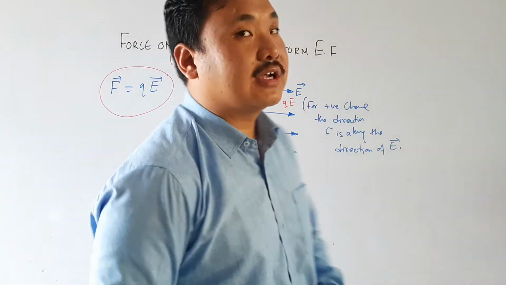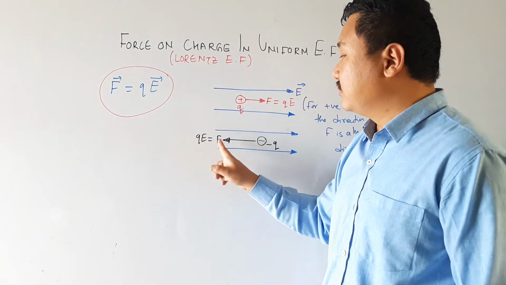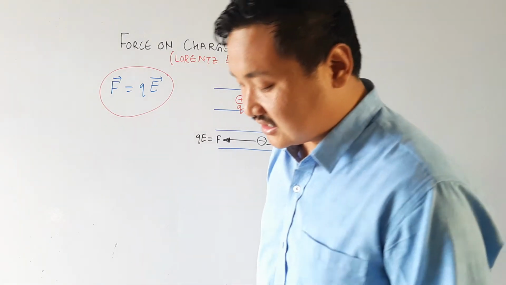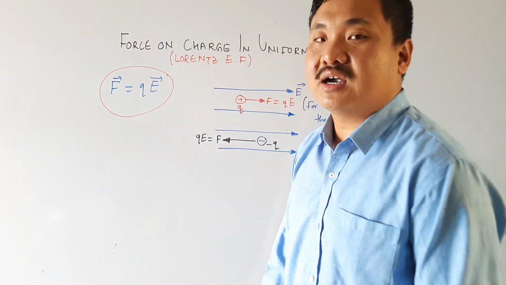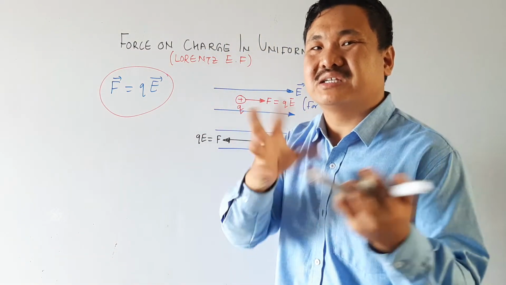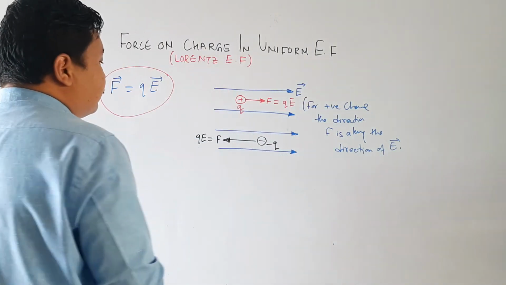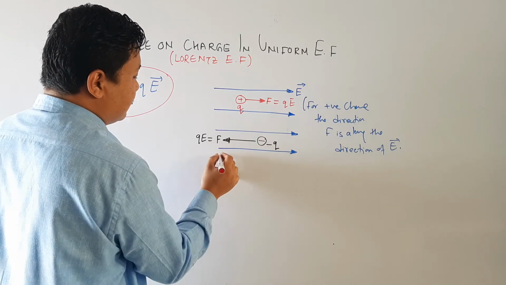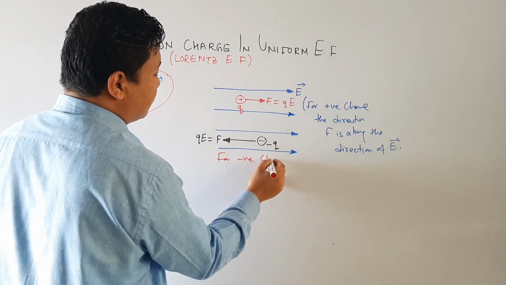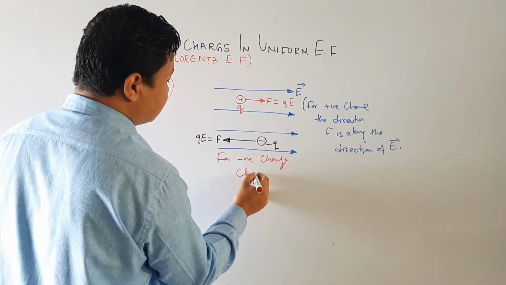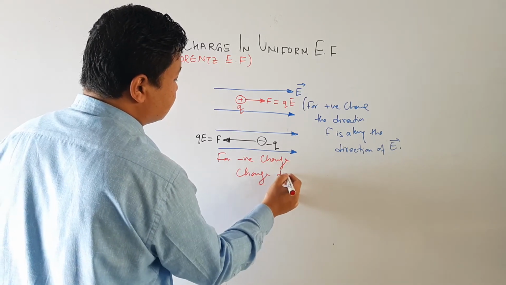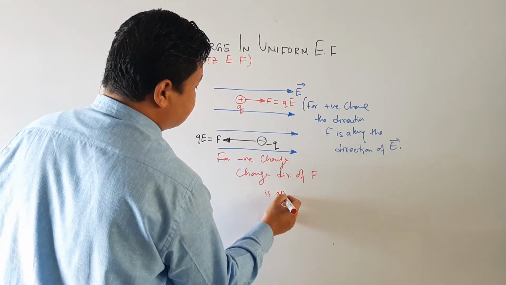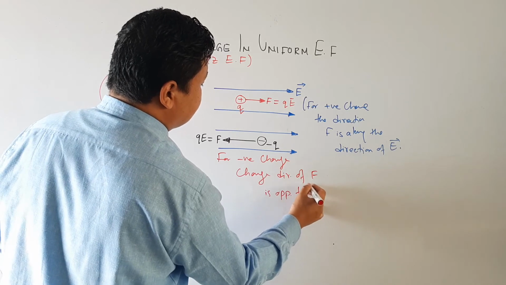Now again I am not writing here plus Q minus Q because I am calculating the force. In force I don't need to write the positive and negative sign, but you can write, but if you write then the things will become very complicated. That is why. So for negative charge, the direction of force is opposite to electric field.